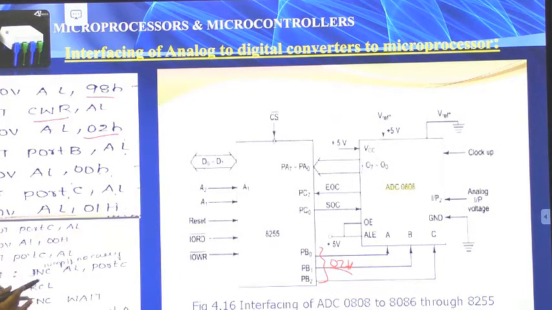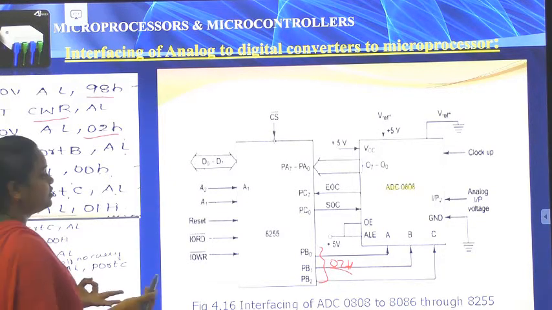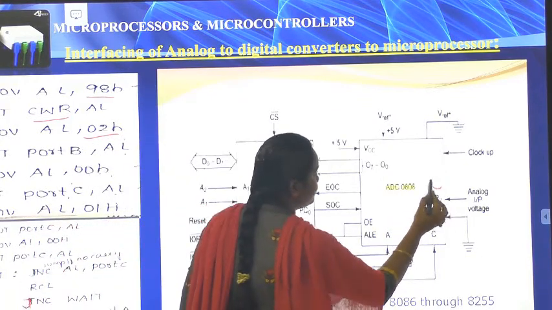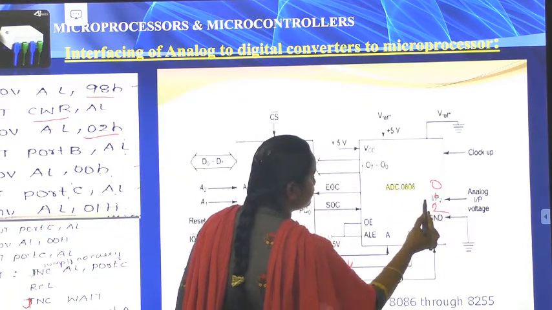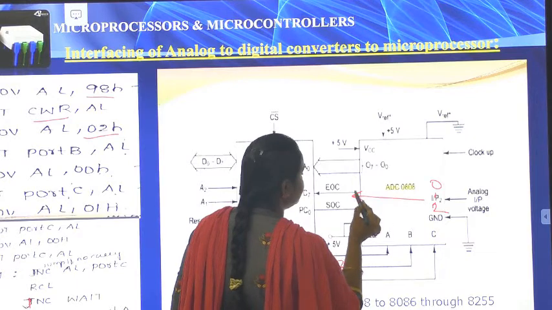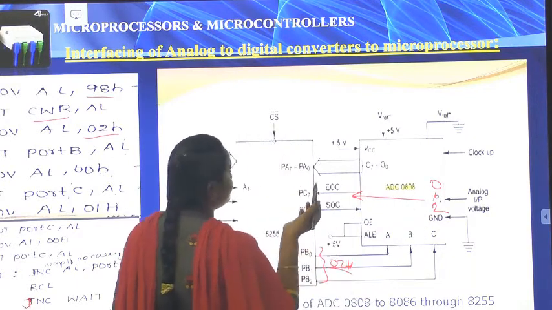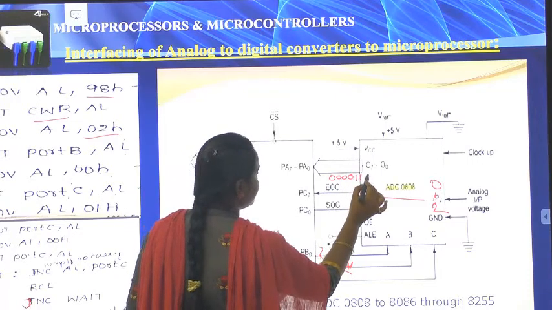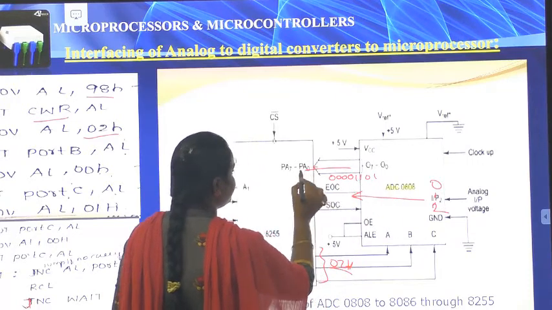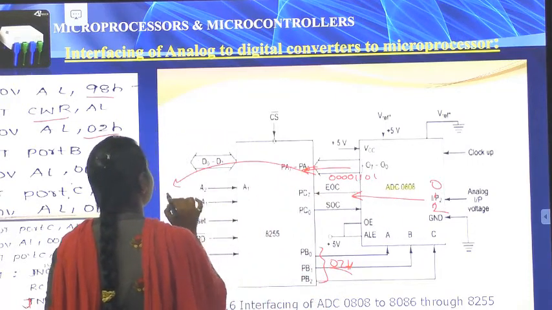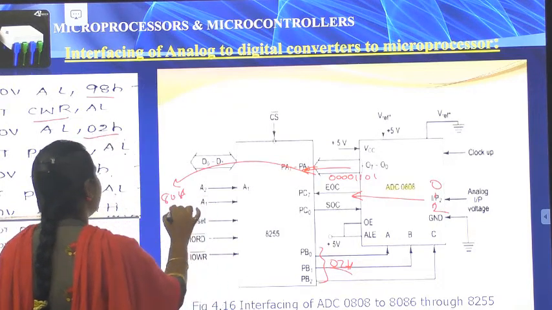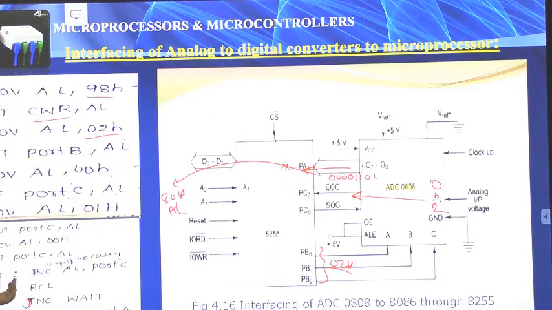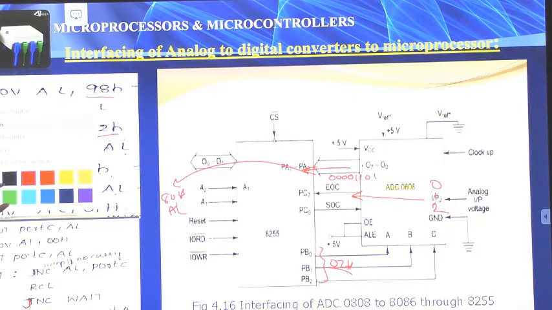When there is no carry, it will take the information from port A, the output. 0, 1, 2 will be given to this analog to digital converter, and the digital output will be 0 0 0 0 like that. Whatever digital output is given to port A, then this port A gives it to the 8086 microprocessor by using the AL register. This is the operation.